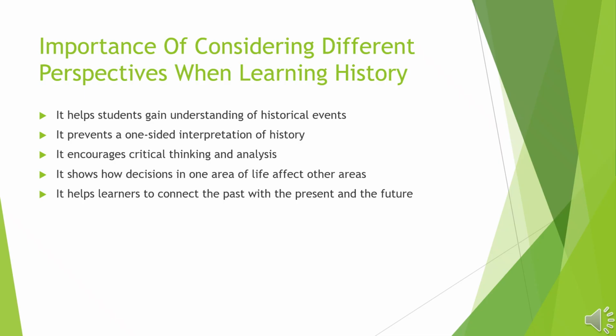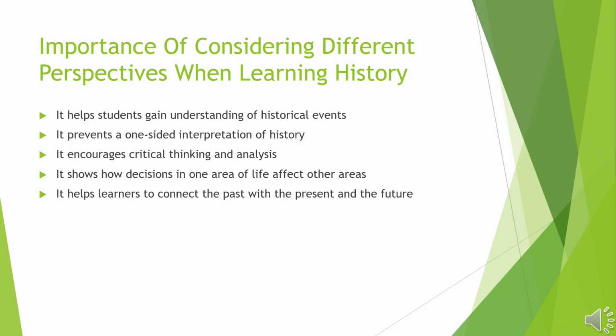Once you use different branches and perspectives, you will begin to think deeply before you come to a conclusion, before you come to the decision that you have to take. You compare many branches, and that will help you develop critical thinking and analysis. It also shows how decisions in one area of life affect other areas.